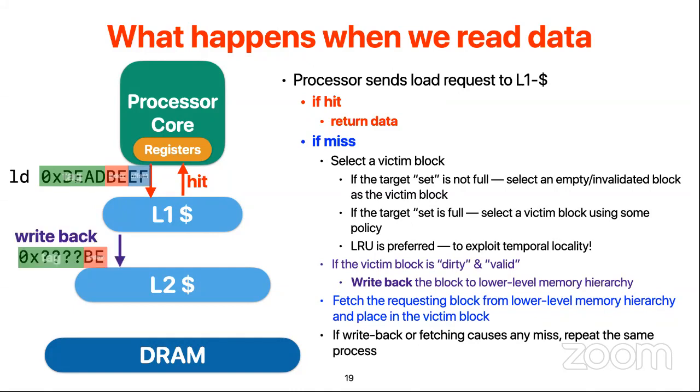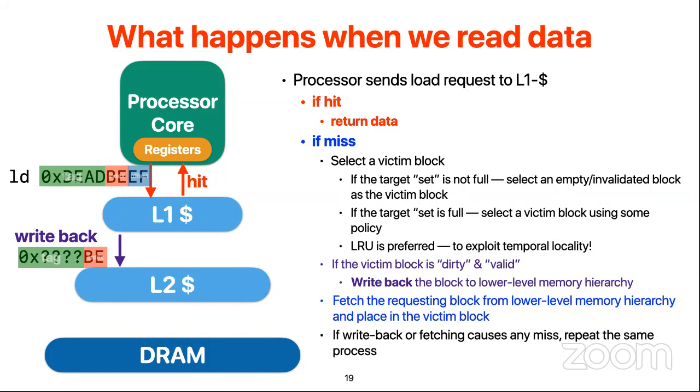Otherwise, if it's not there, we try to fetch the block from the lower level memory hierarchy into the cache that's currently missing that data. And when we try to accommodate a new block into the cache, most of the time our cache is full, so we have to kick out somebody else from the cache.